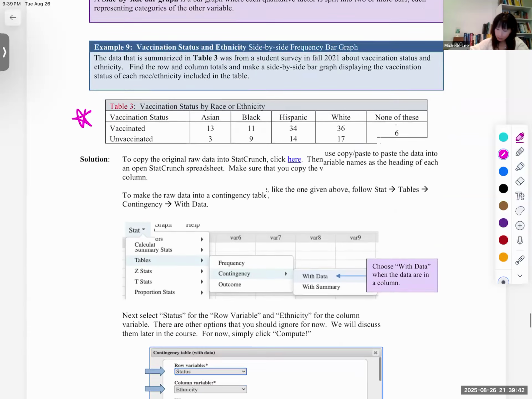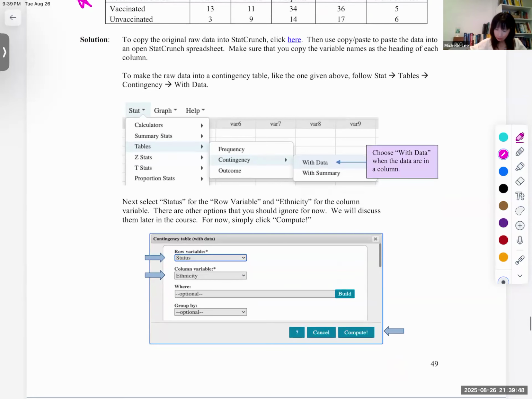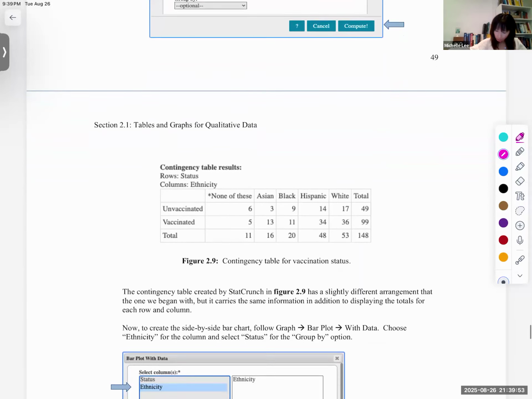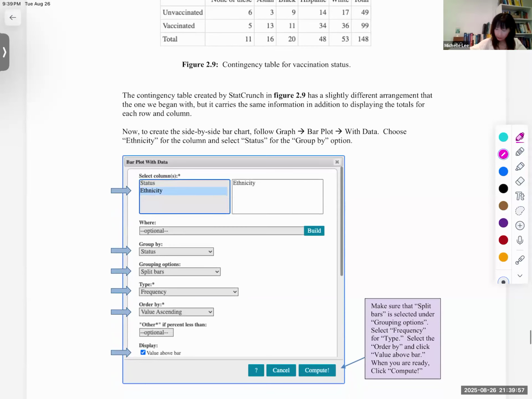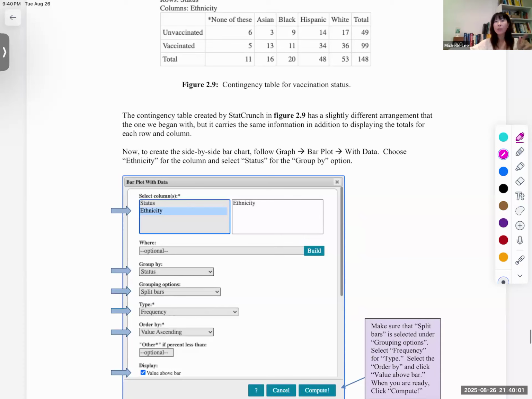Okay, now we want to create side-by-side bar graph. All right, so how do we do it? Okay, we're gonna follow these steps. So let me show you the sequence.